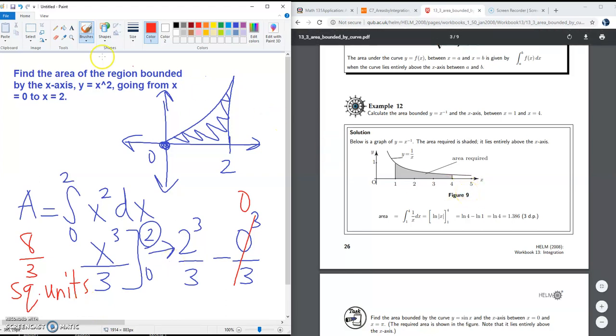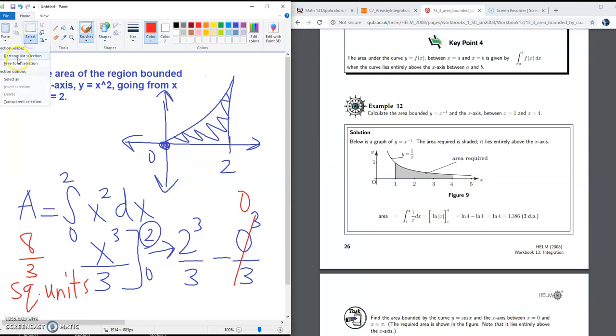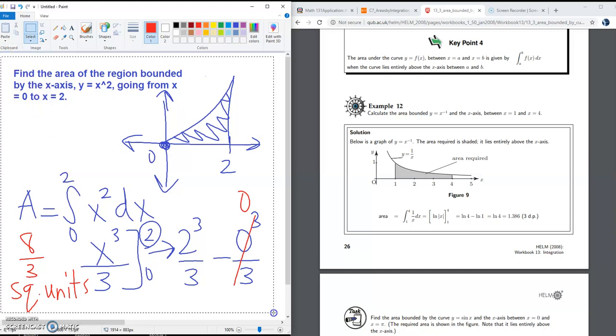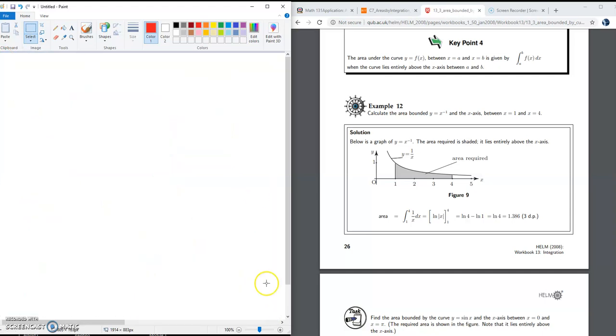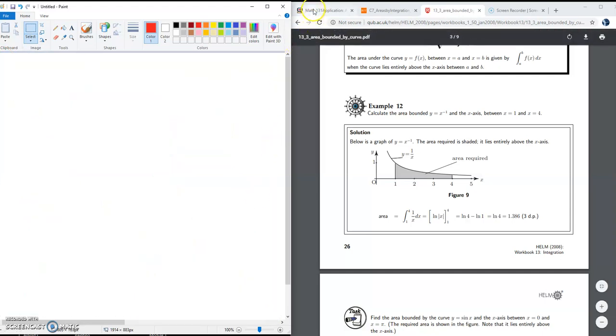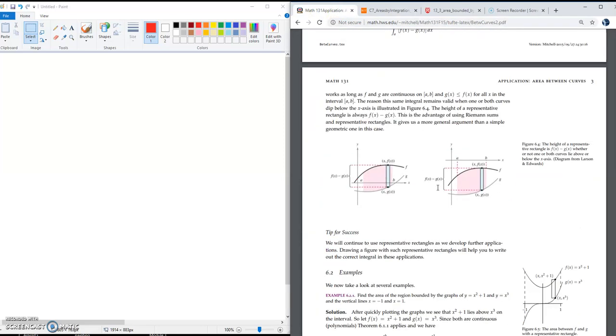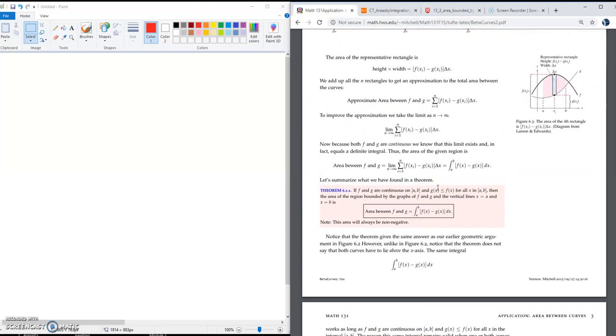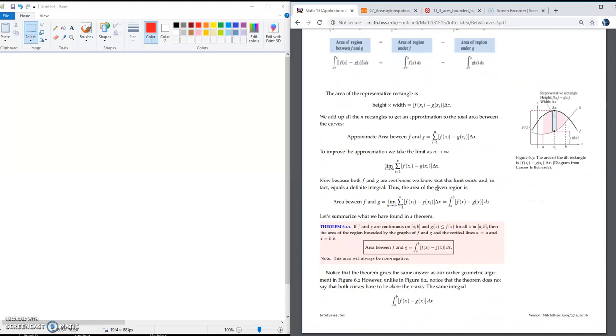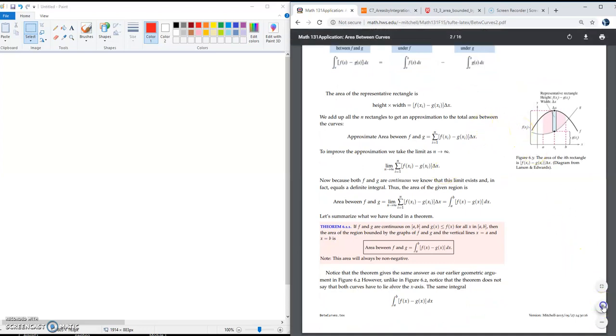What if you had 2 curves and you had to find the area between them? Well, let's look at that specific property. So this is what's illustrated here to the right.